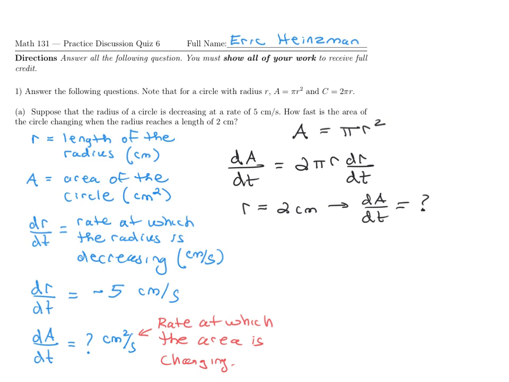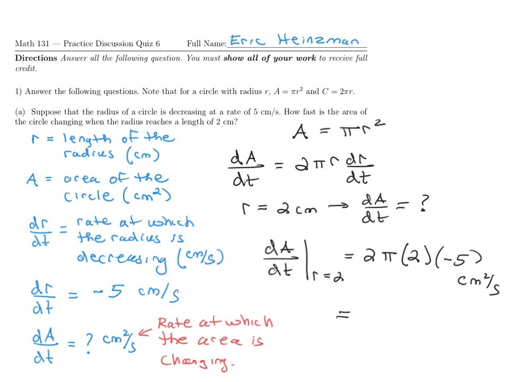So that is, when r is equal to 2 centimeters, can we figure out what dA dt is equal to? I'll simply plug in all of the numbers that we know. So dA dt, when you evaluate it with r equal to 2, we have 2 pi, r is 2, dr dt is -5, and the units on this are going to be square centimeters per second. If we multiply all of this together, the answer is going to be negative, so -20 pi square centimeters per second.